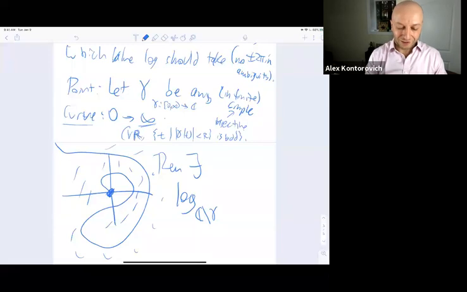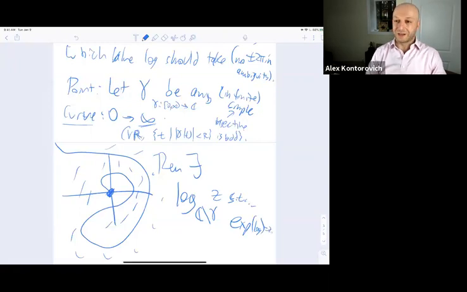There exists a log on this such that, the usual things, exp of this log is equal to z, is the identity. I'm not doing anything new. I'm just saying the curve could even go through 1. The only reason we said 1 was so we could compare it to the usual real log. That doesn't make any difference.